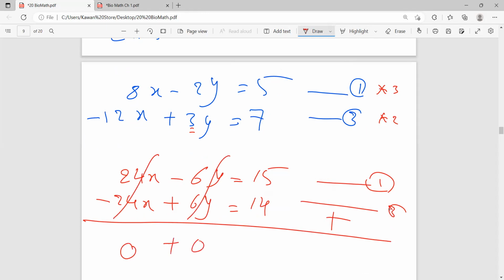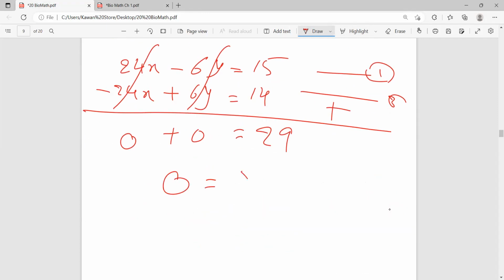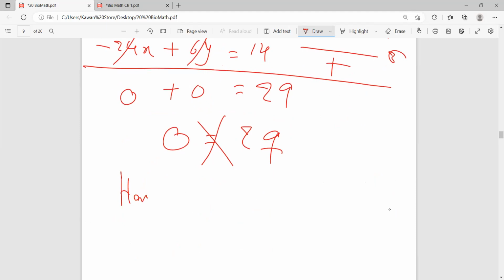That one with that one, 0 and 29. So I got what? Which is not true. So it means that it has no solution. Clear, dears? Clear? Good. So if you get something illogical like 0 equal to 1, or minus 2 equal to 0, it means that it has no solution.